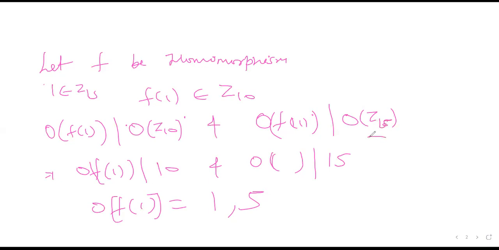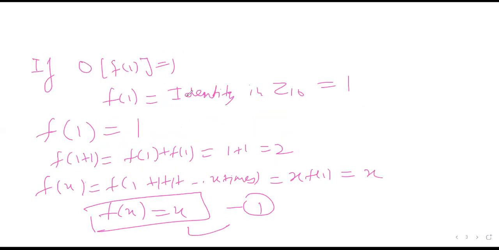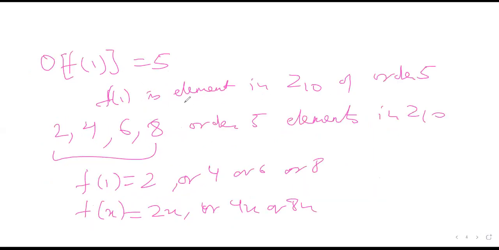You can prove this also. Then you get the order of F1 equal to 1 or 5. If it is equal to 1, then it is the identity element, so you get the identity homomorphism, and if it is 5, then you find the elements of order 5 in Z10, and you can write a homomorphism for each of them.